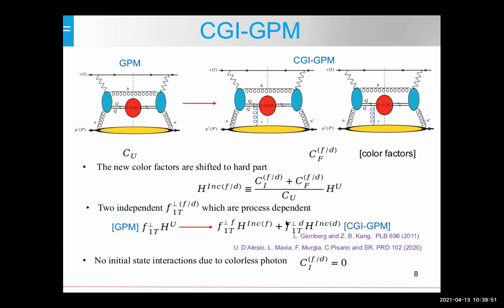These two independent Sivers functions are basically related to how you neutralize the color in the Feynman diagrams. There are two ways one can neutralize the color, using the symmetric structure constant and the antisymmetric structure constant.